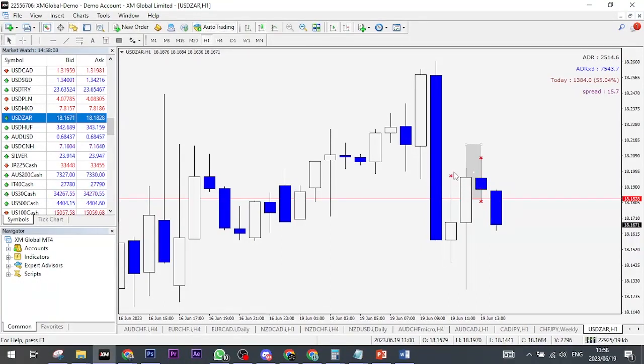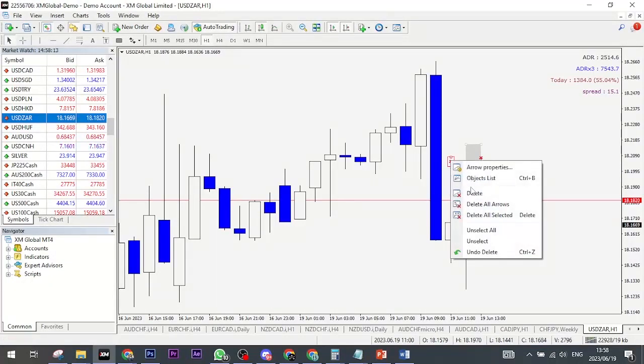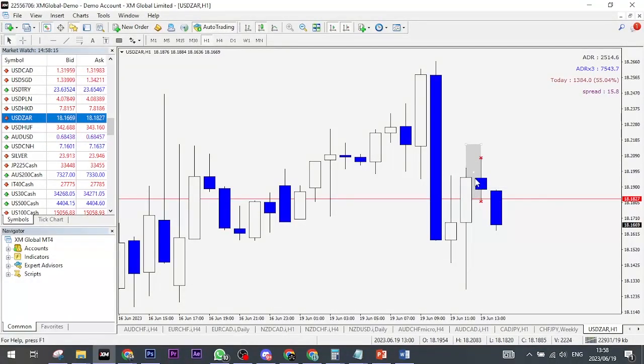For some reason I can't put this icon where I need to put it, but anyway, the close price in this case is at the top left of this blue candlestick that I've just highlighted.